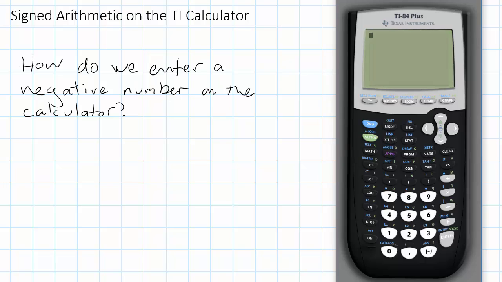The thing that might occur to you is, well, we've got this perfectly good minus sign, right? If we want to enter negative 57, it might occur to you to hit this sign and then 57. Oh, what's that?